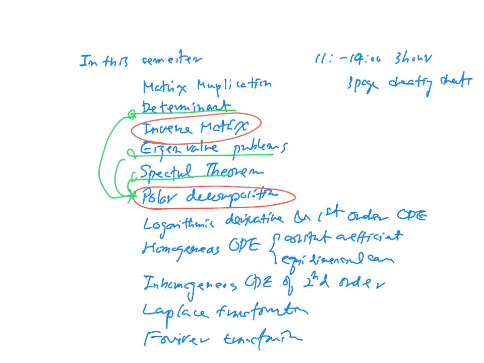So for the linear algebra part, inverse matrix and polar decomposition are good candidates. Polar decomposition is a very good problem because you need eigenvalue knowledge, the spectral theorem and the determinant. So it asks for three pieces of knowledge, and the inverse problem needs a determinant, right?